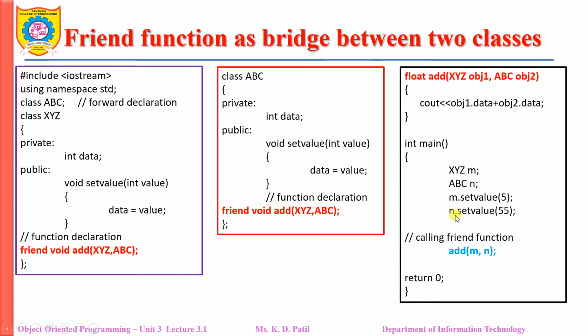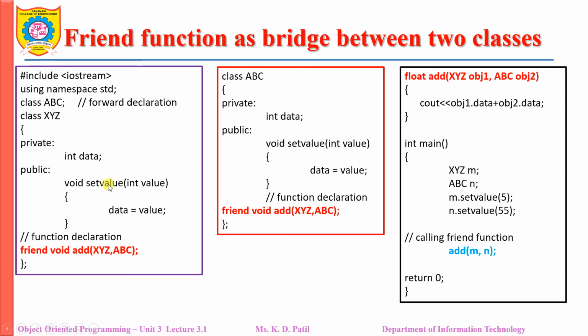And when N dot set value function is invoked, that will refer to the member function of class ABC, and in that case the value 55 will be assigned to the private data member of class ABC.